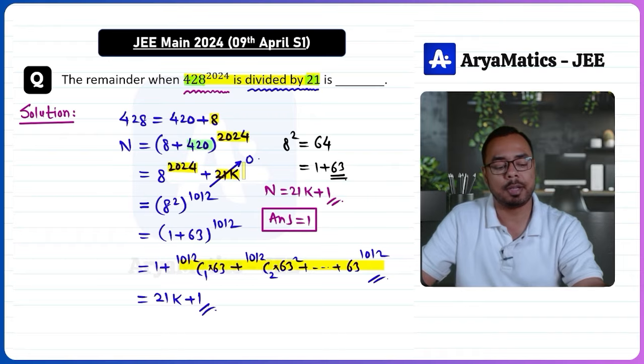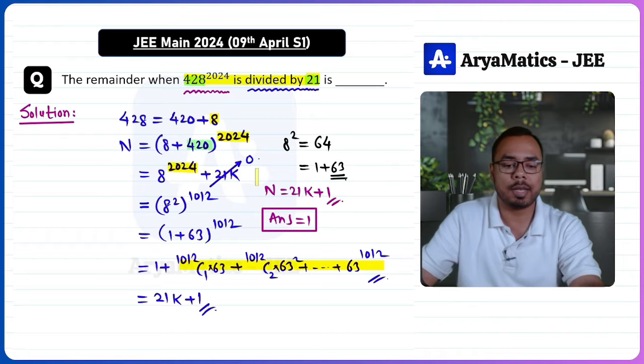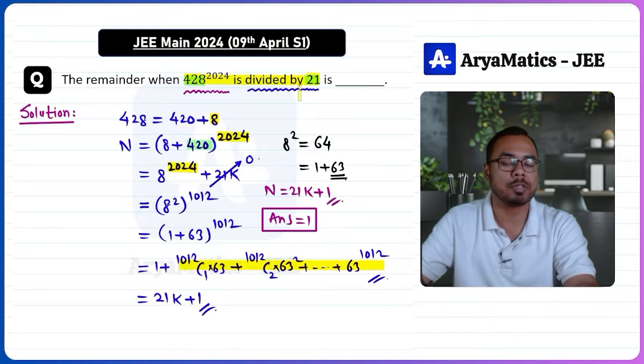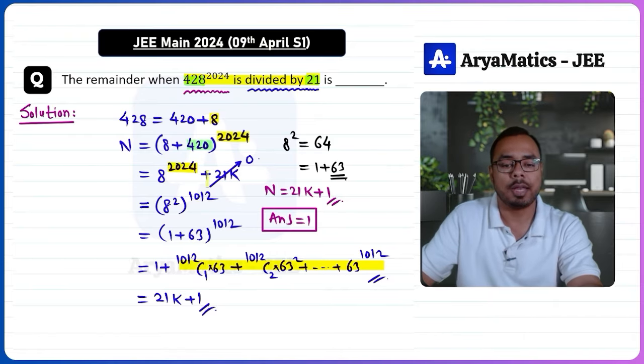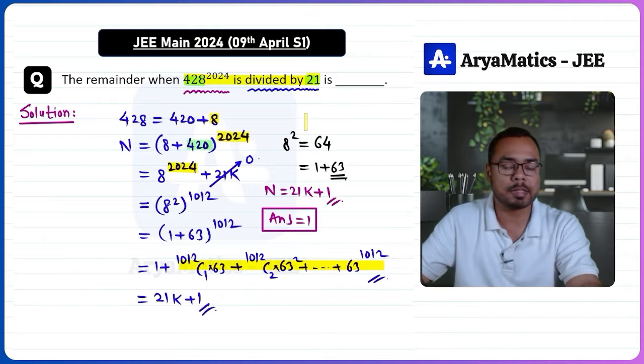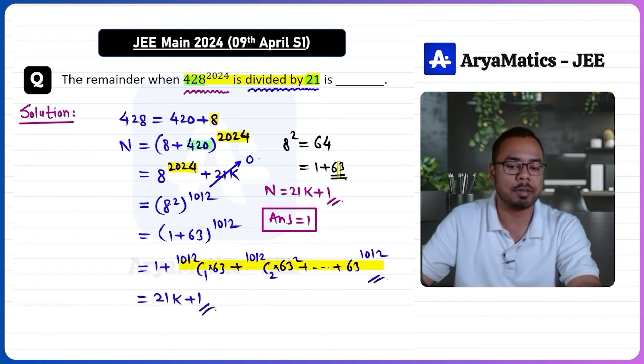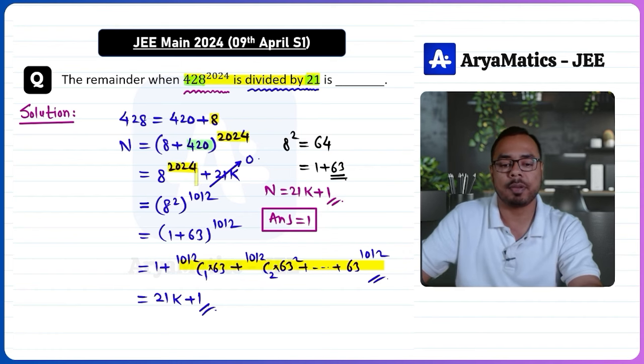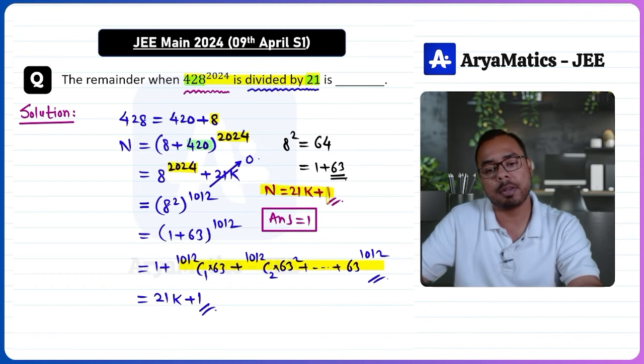All the other terms are multiples of 21, so we can neglect them because we are dividing by 21. Now we had to see which power of 8 is either 21 plus minus 1 or some multiple of 21 plus minus 1. So 8 square is 64, and 64 is 1 plus 63. So finally this number was a multiple of 21 plus 1, and if you divide by 21, the remainder will be 1.